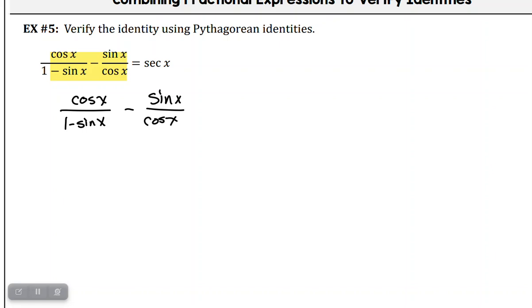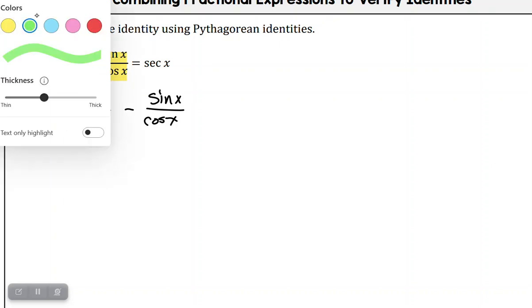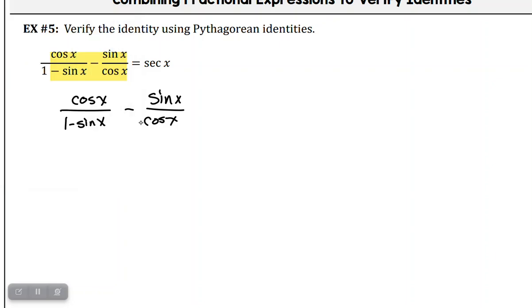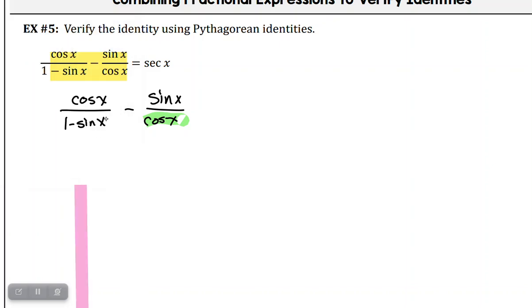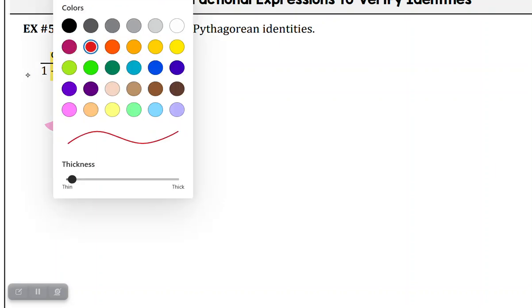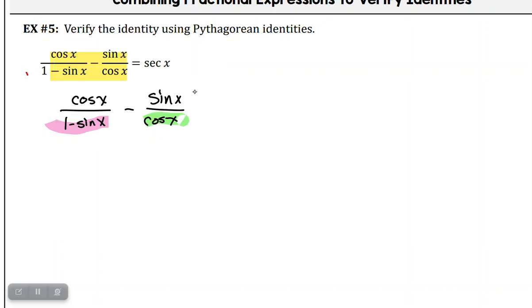In order to bring together the terms, we need a like denominator. So over here on the right, one of the denominators is cosine x. And then this one over here is sine of x. And in order for them to have a common denominator, what needs to happen is that I need to multiply this side by 1 minus sine of x over 1 minus sine of x.